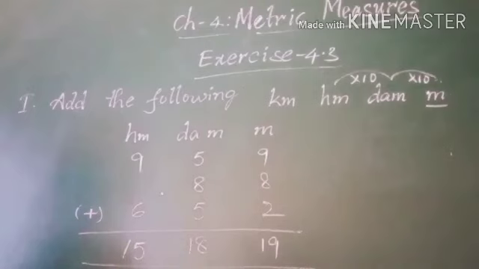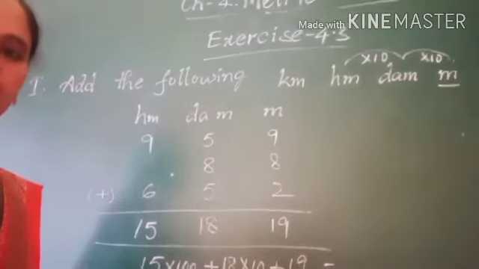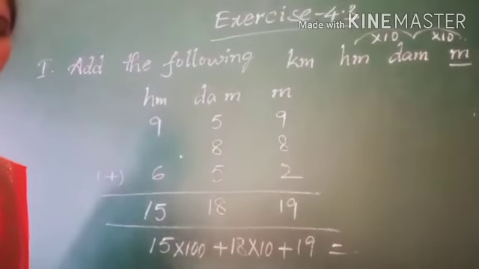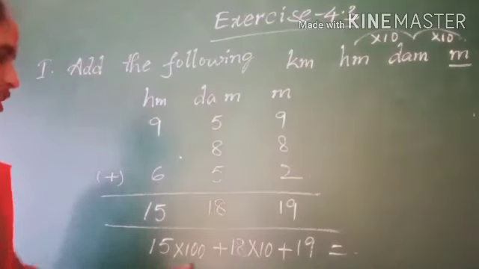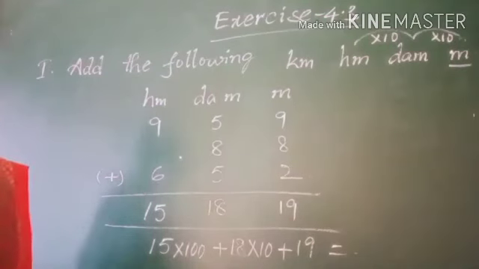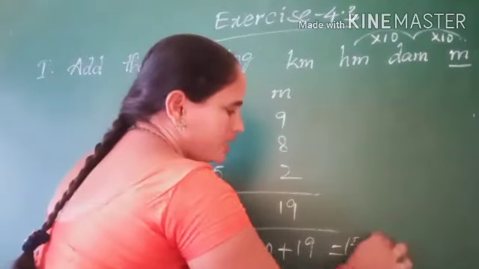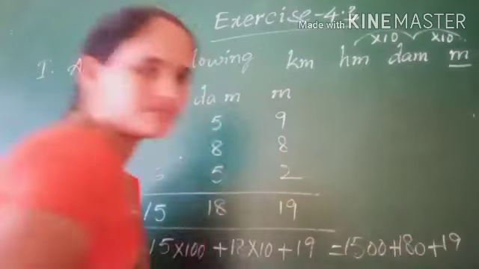Do you understand? First you multiply the hectometers by 100 and the decameters by 10. Here this is meters only, you leave it like that. 15 into 100, 1500, plus 18 times 10, 180, plus 19. 1500 plus 180 plus 19.